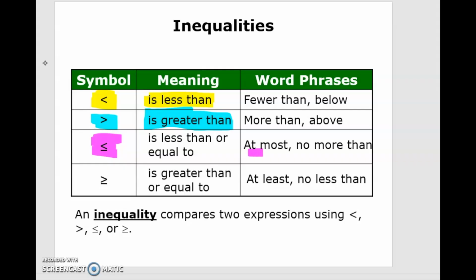We'll also hear the words at most or no more than to indicate less than or equal to. So this is going to help us to know all these words when we're going through word problems, so we know which symbol to use. And then this is our greater than or equal to symbol. Other words that we might hear to mean that could be at least or no less than.